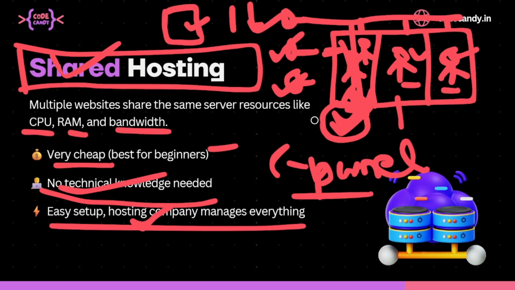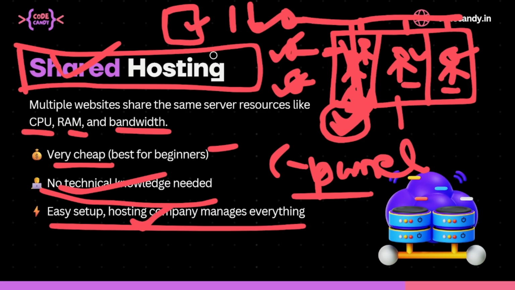Again, it's not scalable. If I give a 1 liter tank here, you should only use 1 liter. You should not ask for more than that. And in that 1 liter also, it depends on the people you are sharing with. If one person is consuming more water, I cannot do anything. You have to adjust with that 1 liter of water only. In the same way, if I provide 2 GB of database space or storage, you have to keep your website's files under 2 GB only.